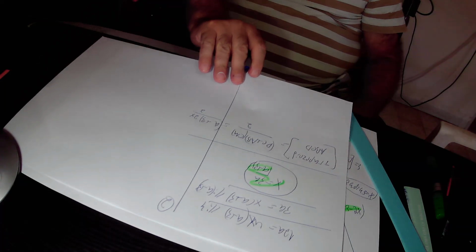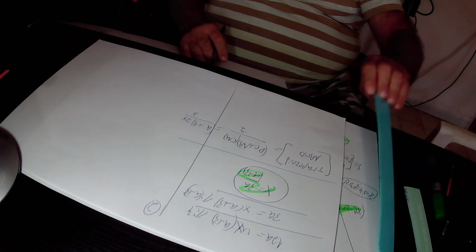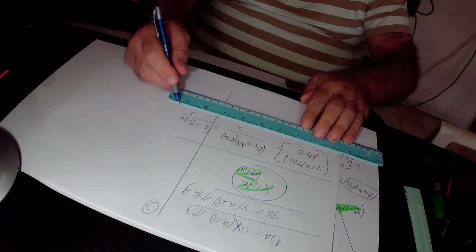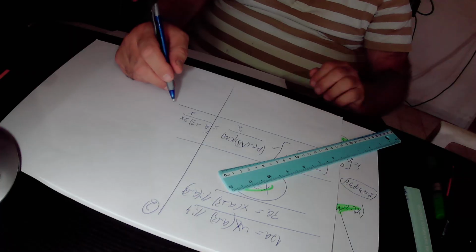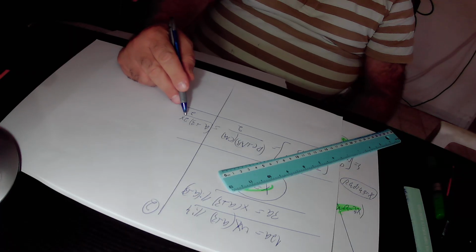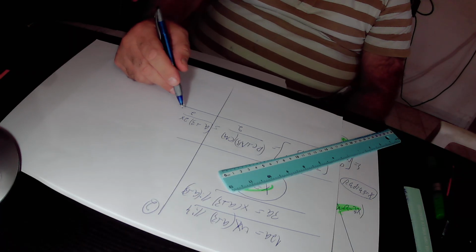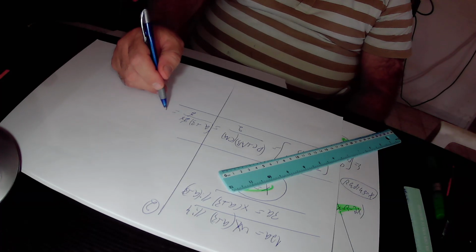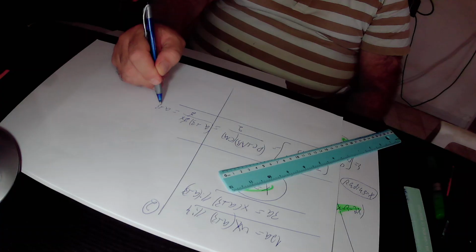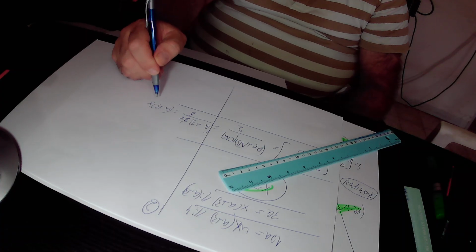So in total, we found out that the area of trapezoid ABCD is equal to a plus 3 times 2x over 2. We have 2 in the numerator and 2 in the denominator, so 2 will get cancelled. We are left only with a plus 3 times x.